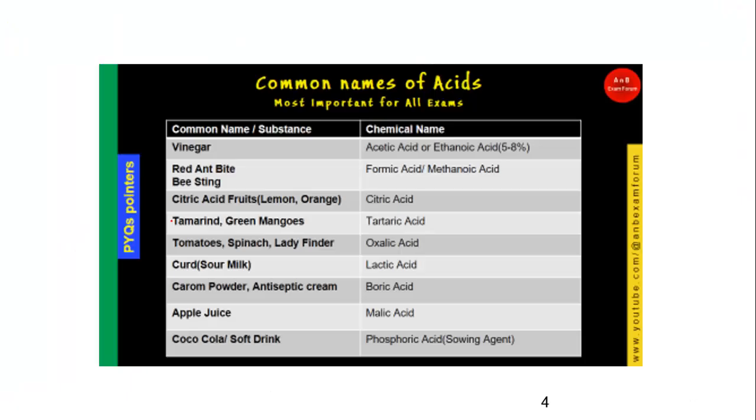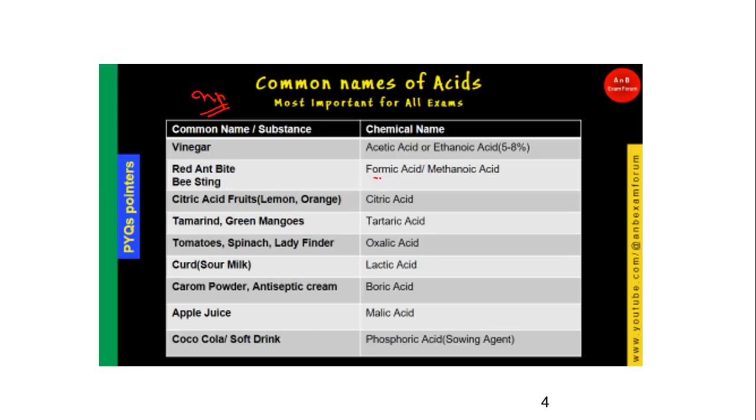And we have similarly seen other common names of the acids, and this slide is very important. You should take a screenshot of this. We have already covered in our theory classes the names of these substances. For example, a commonly asked question is the ant bite or bee sting.